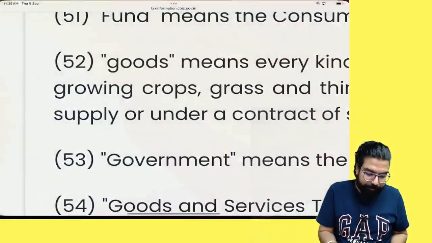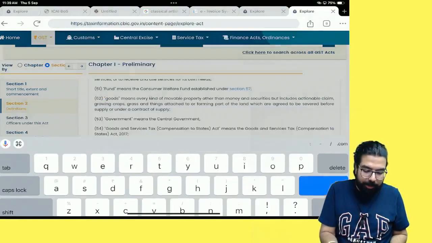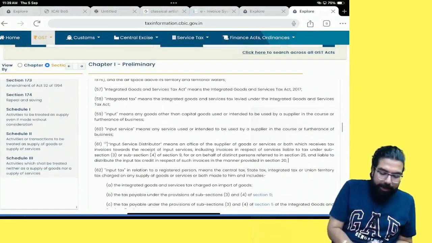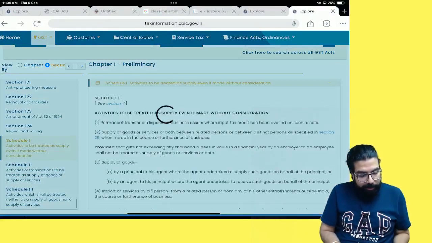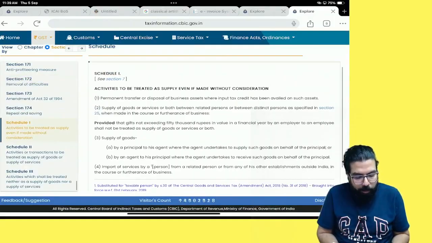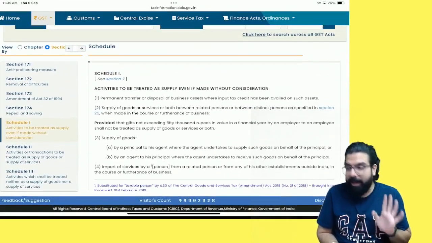Let's see. 1 minute. Do you remember, we had learned the Act over here. In the Act, can you see Schedule 1 is there? How many activities are there in this Schedule 1?